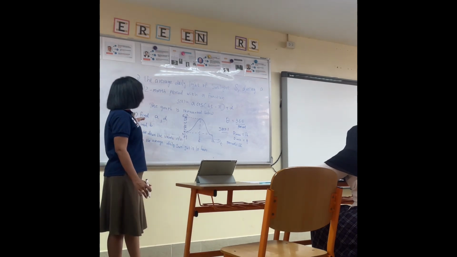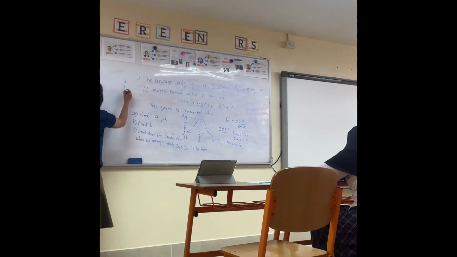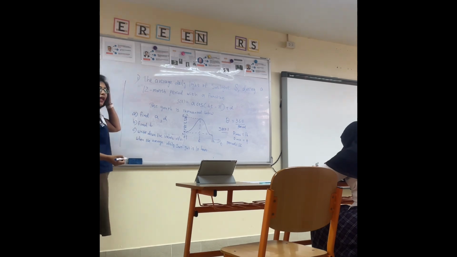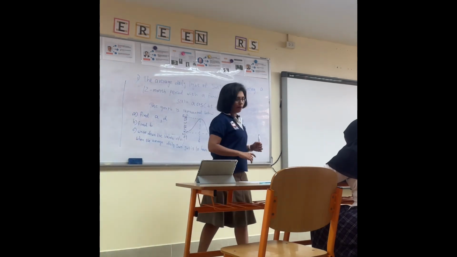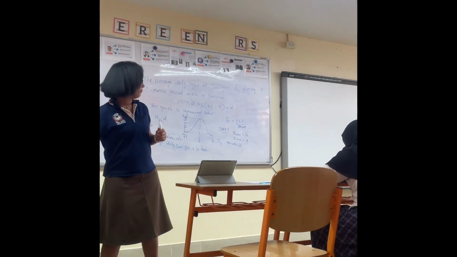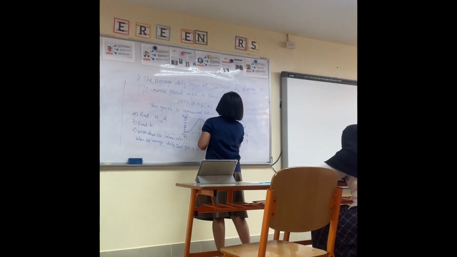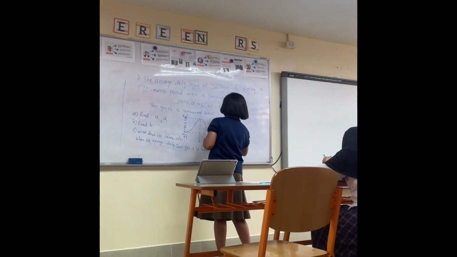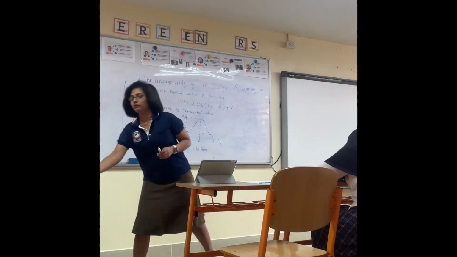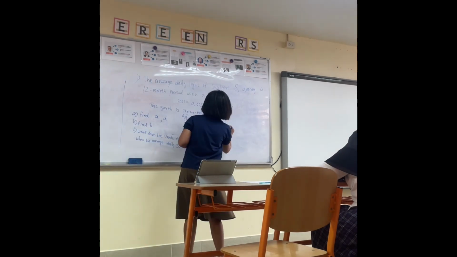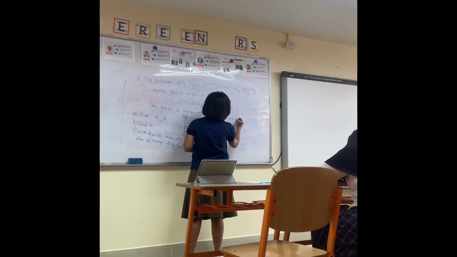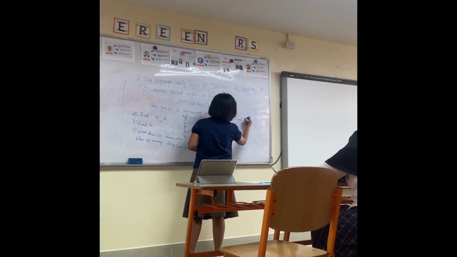Next you can find A, right? How can you find A? A equal to, what is the formula? A equals D max minus D minimum divided by 2.